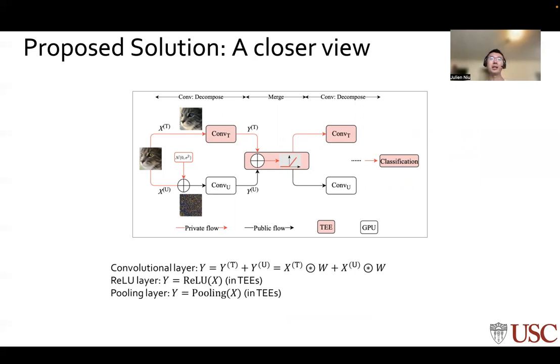After we get the outputs YT and YU, we combine them in the TEE and apply the nonlinear operations. Before proceeding to the next convolution layer, we do the asymmetric decomposition again to get the low-rank part and the residuals.